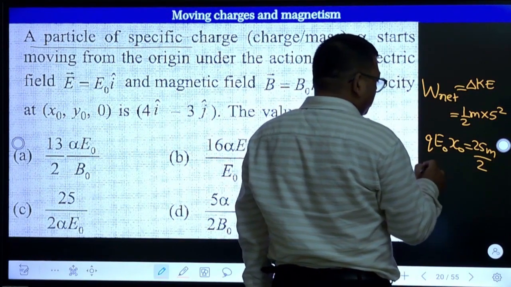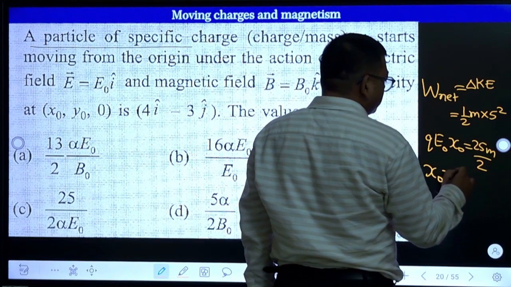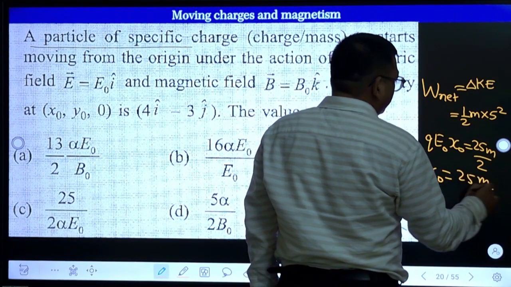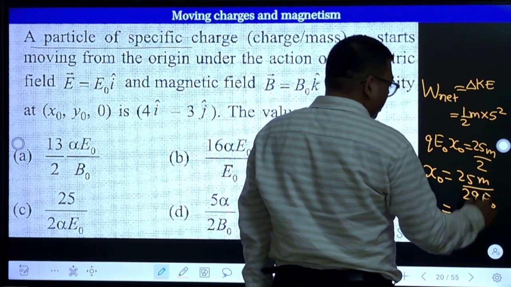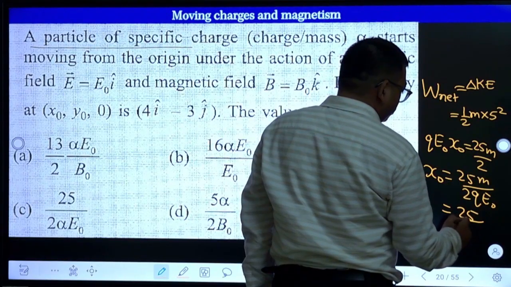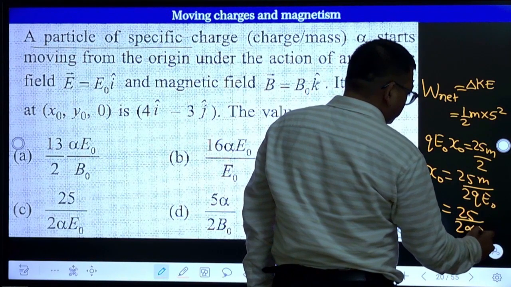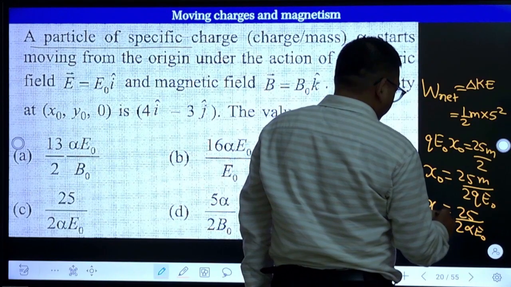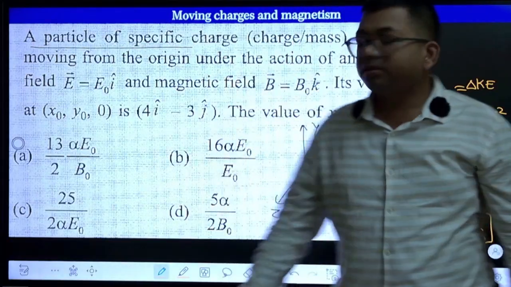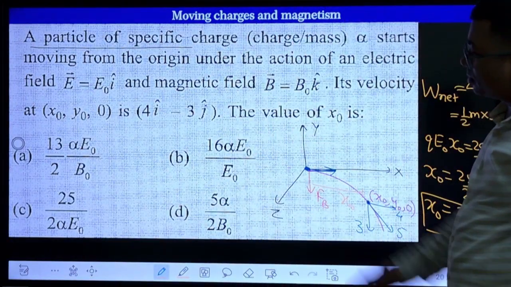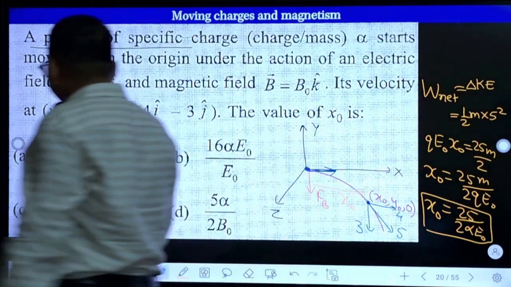So from here x naught will be 25 m by 2 q e naught. Q by m is alpha, so 25 by 2 alpha e naught. So this is x naught. X naught comes as 25 by 2 alpha e naught. Let us choose option C. We can go with option C.